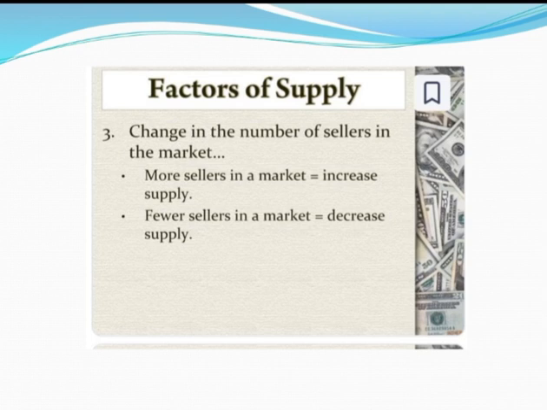But suppose in villages there are only 2 sellers, so they cannot supply more products when customers demand it, right? So this factor is basically the market scenario depending upon the number of sellers and number of buyers, right? So more sellers means an increase in supply, and few sellers cause a decrease in supply.